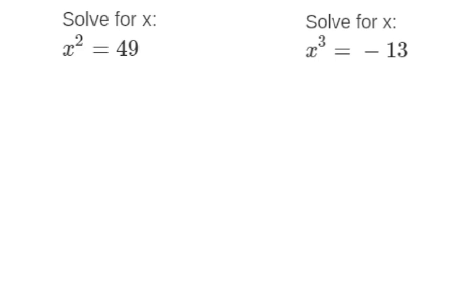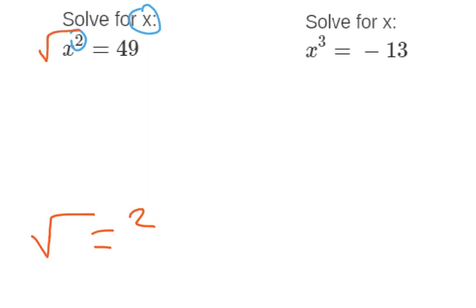X squared is equal to 49. We're trying to just get x by itself. That means I have to get rid of this annoying little square right here. In order to do that, I'm going to do the opposite or the inverse operation of squaring something. The opposite of squaring something is the square root. Okay, I know you guys have at least seen this, so I'm going to show you exactly how that works.